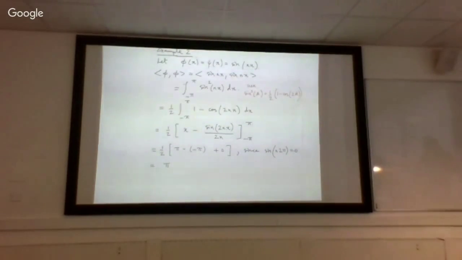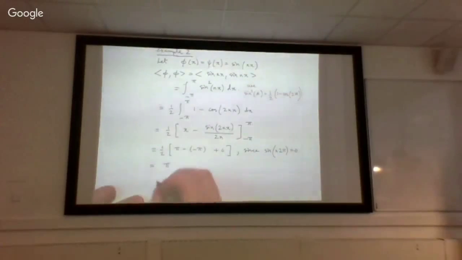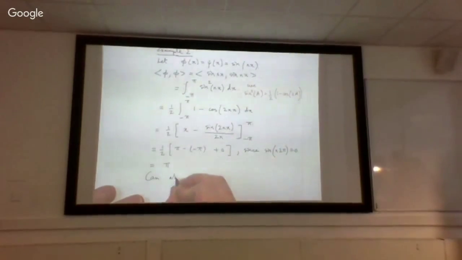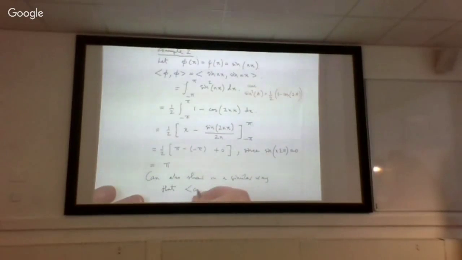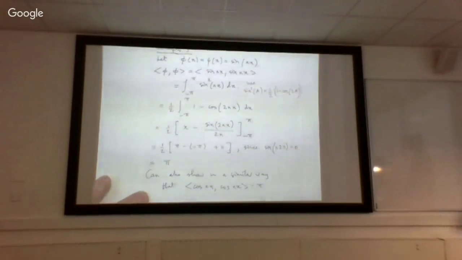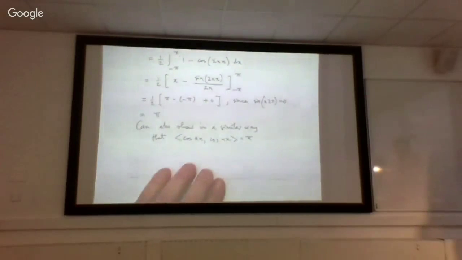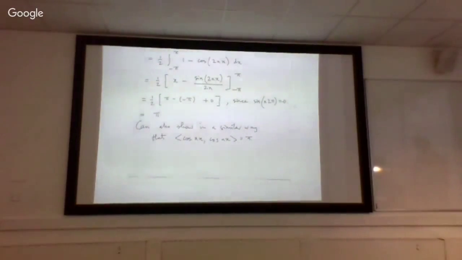So you can also show, in a similar way, that if you take the inner product of any of the cosine functions with itself, you also get pi out as well.